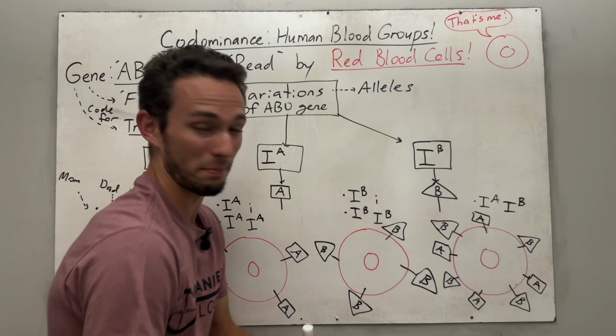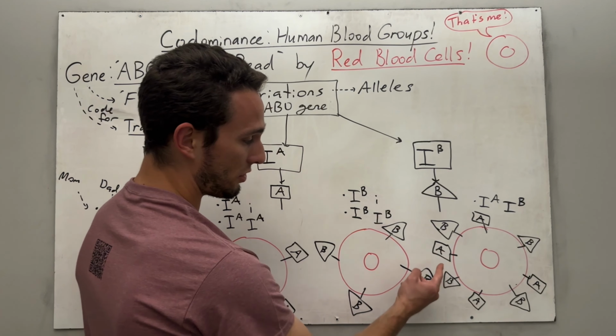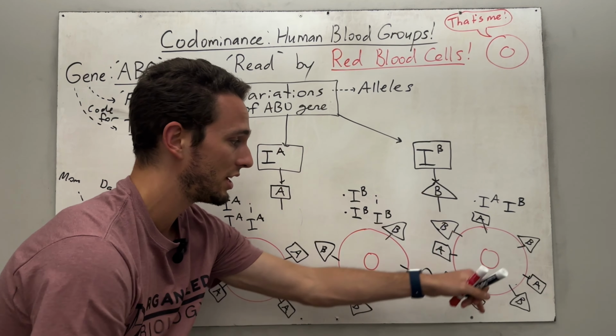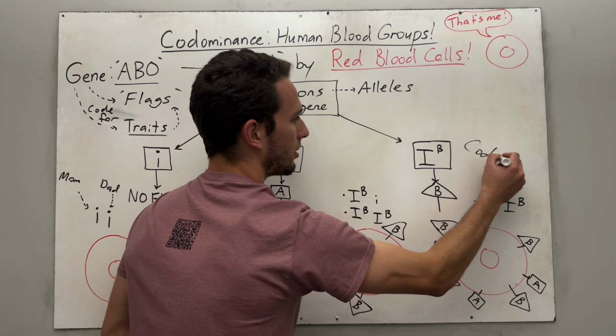So now you've got a packed full blood cell. It's got a lot of flags. It must be very passionate about these 2 things, where it's got both an A flag and a B flag that are both fully expressing themselves in the blood cell. That is what we call codominance.